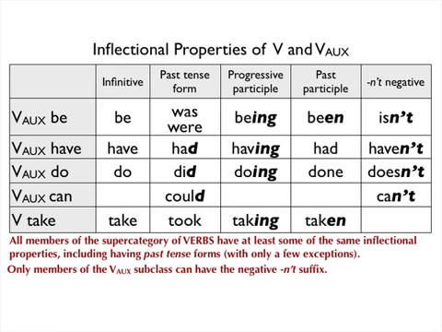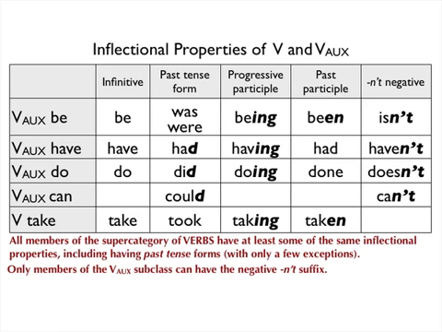So we have auxiliary verbs and what are called regular or main verbs often. Okay, and then there are some restrictions. Only the n't suffix can go on the auxiliary verb.